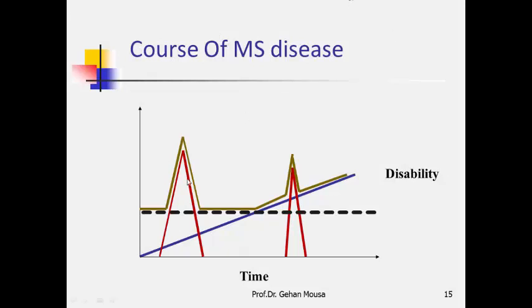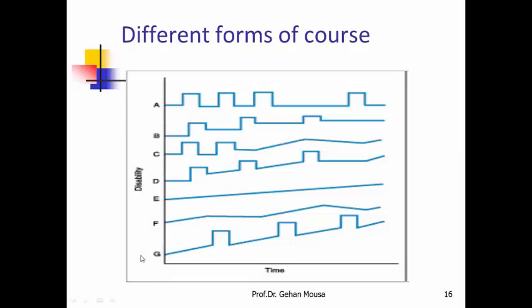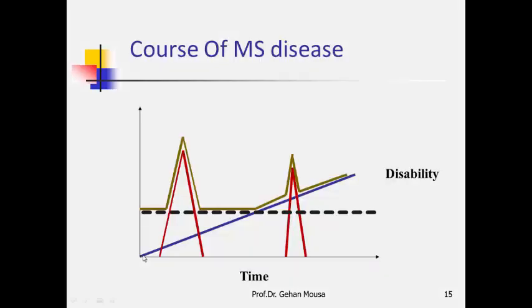These lines explain the different courses of MS. According to the colors, the first color is blue. This axis means time and this axis means disability. This means the attack occurred early in life and progressively increased in its disability.